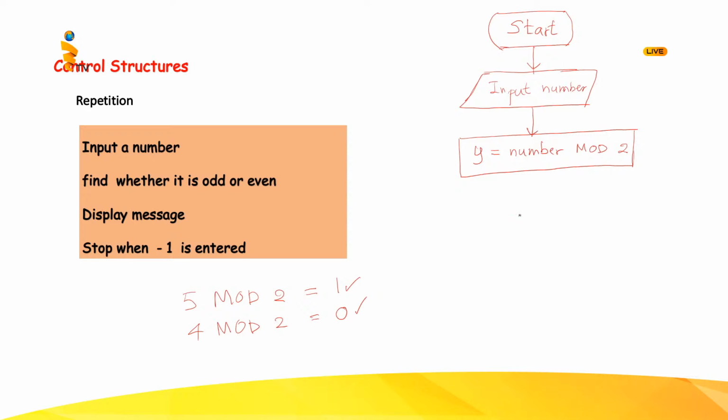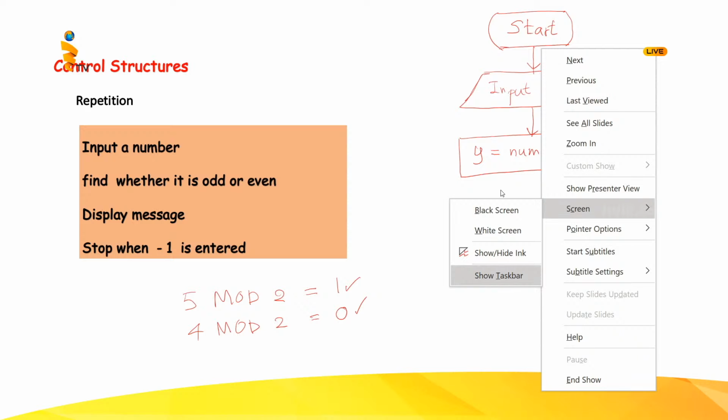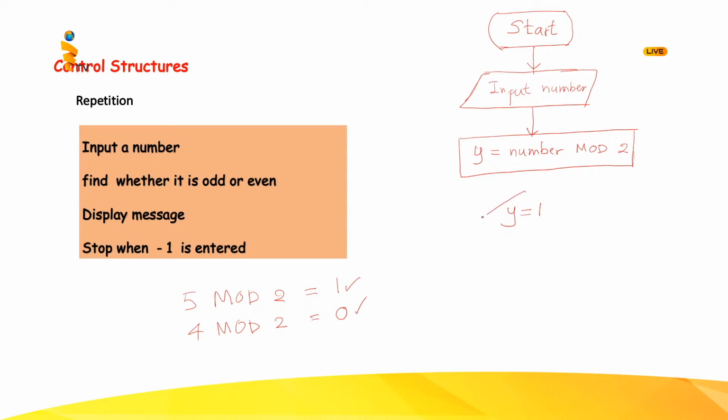Now I am going to find out whether my value is equal to 1 or 0. I can use that inside a diamond. Whether y equals 1. If y is not equal to 1, I can write no here.